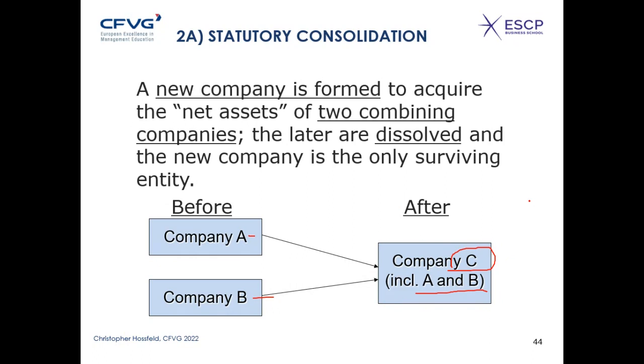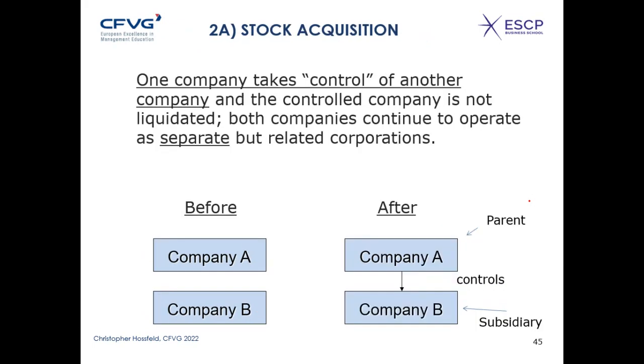And we have the third form of business combination, which is a stock acquisition. Here we have our two companies A and B before the acquisition. After the stock acquisition, company A will buy shares of company B, and by buying those shares, may take control of company B. Before the deal, there are two legal entities.